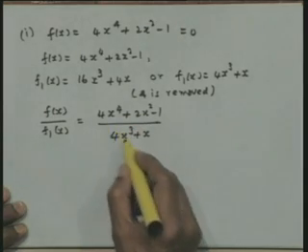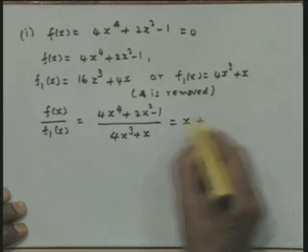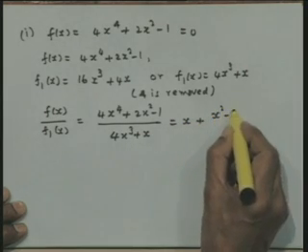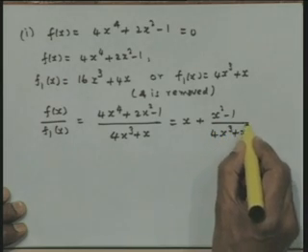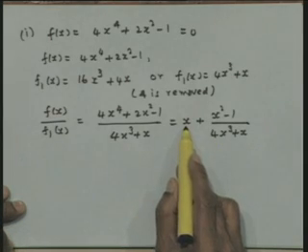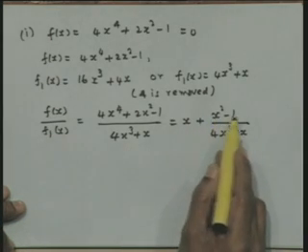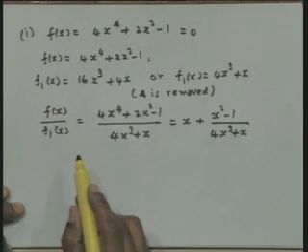I multiply by x and subtract, which gives 4x^4 + x^2, leaving x^2 - 1 as the remainder.